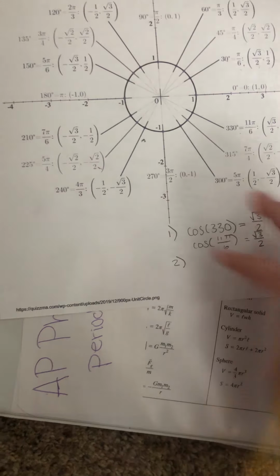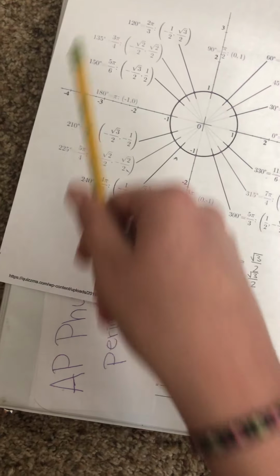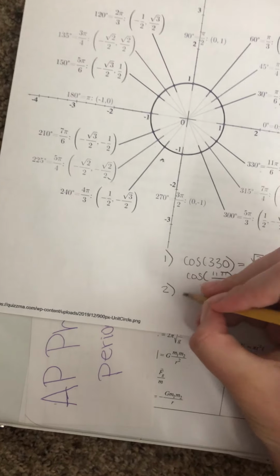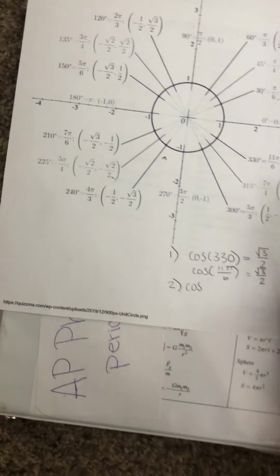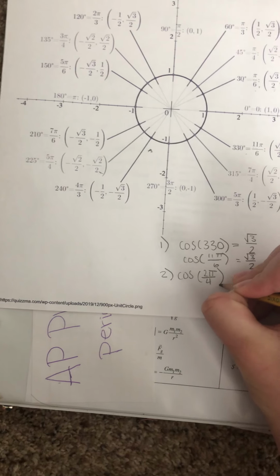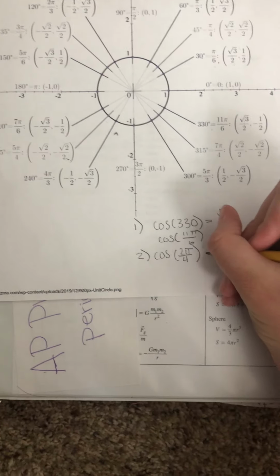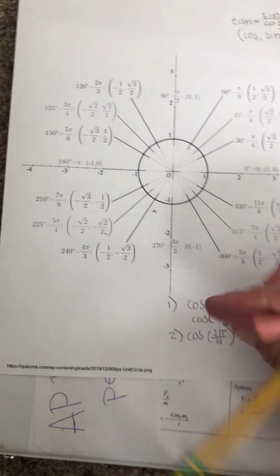Now, a second angle could be, let's choose a random one, 135. So 135 degrees is 3 pi over 4 radians.